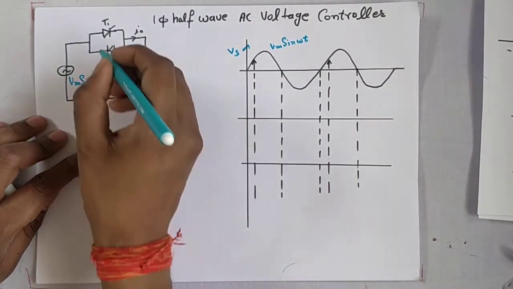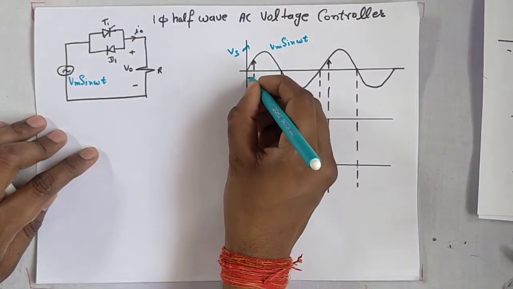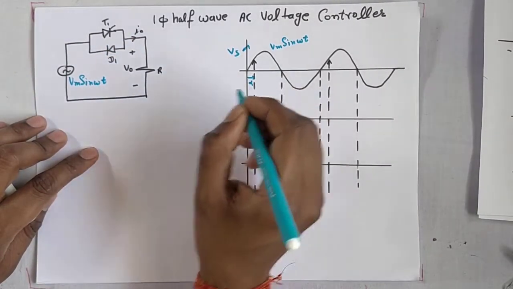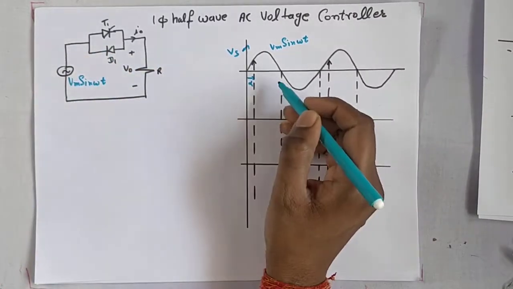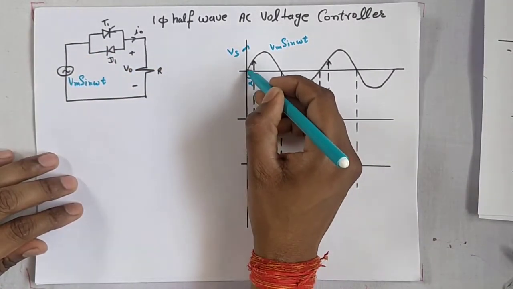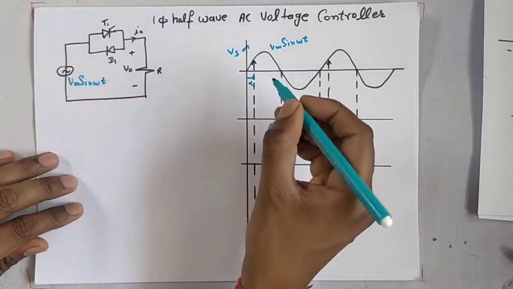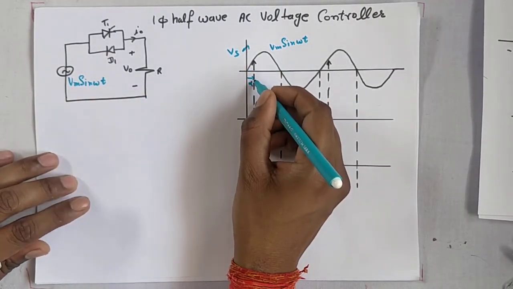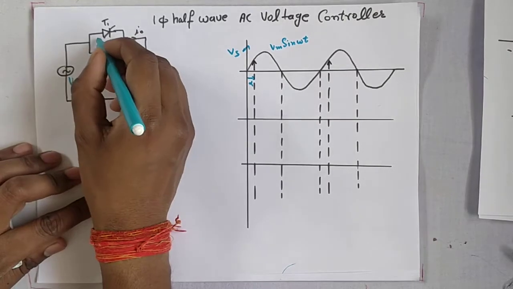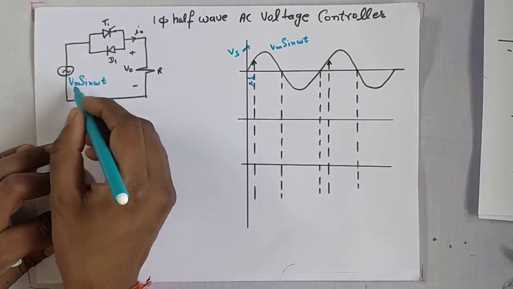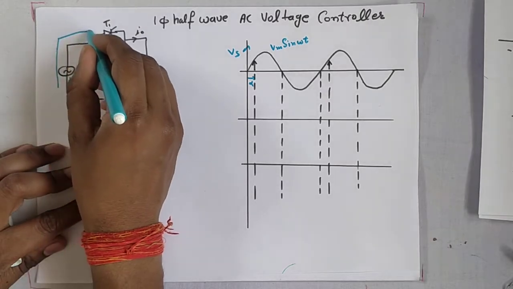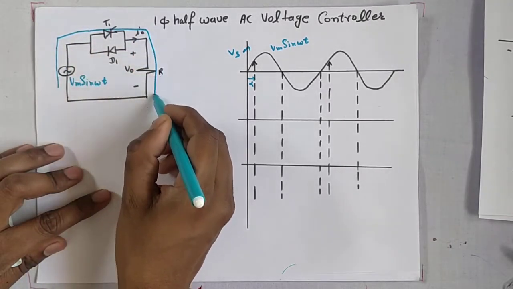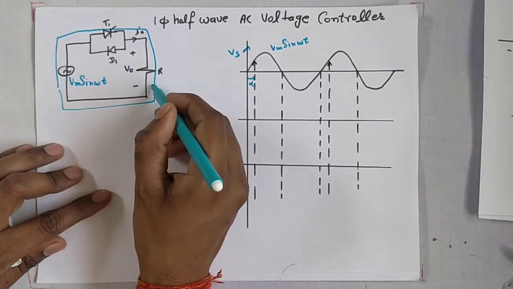When T1 is triggered at an angle alpha, meaning the thyristor gets forward biased in the positive cycle, it gets turned on and current flows from the source through T1 and the resistance.